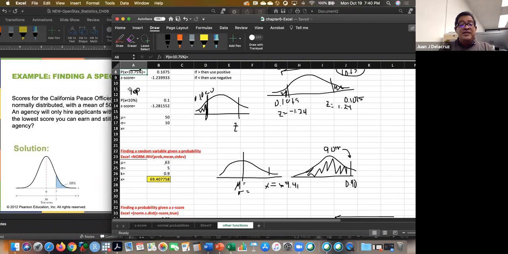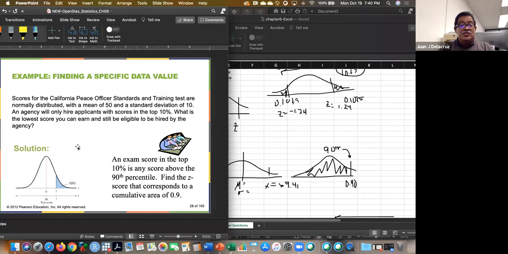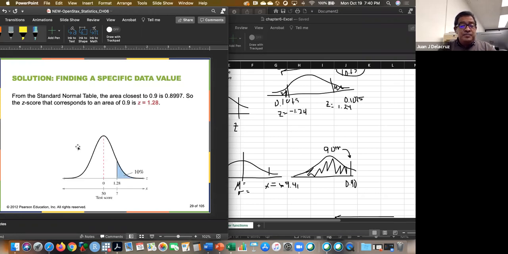But if I know that this is the top 10%, that means it's on the other side, so I am going to be interested in the area to the right. I can find it very easily by using the same area under the curve, but I'm going to change the value when I have this greater than, right? I'm interested in finding the best of the best, so I'm going to hire those who scored in the top 10%. So that's the z-score.